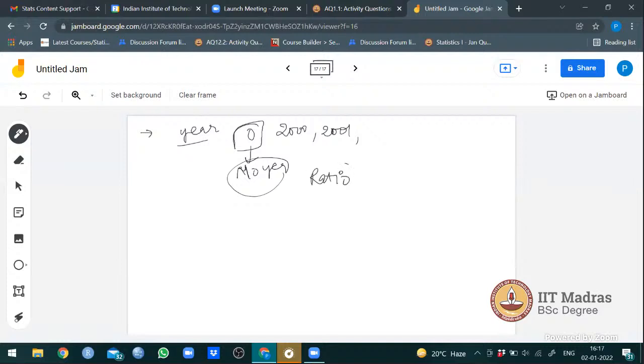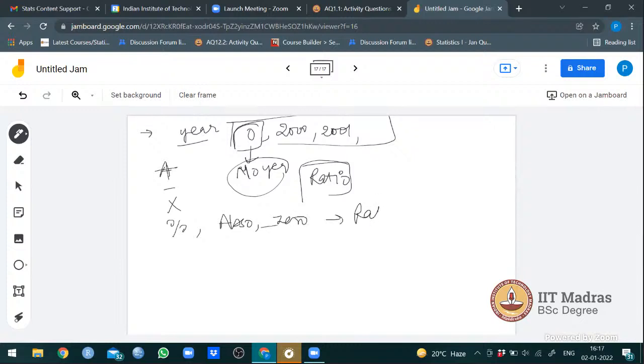If there is no 0, then which scale of measurement is it? If any data satisfies addition, subtraction, multiplication, division, and the absolute 0 property, then it will come under the ratio scale of measurement.